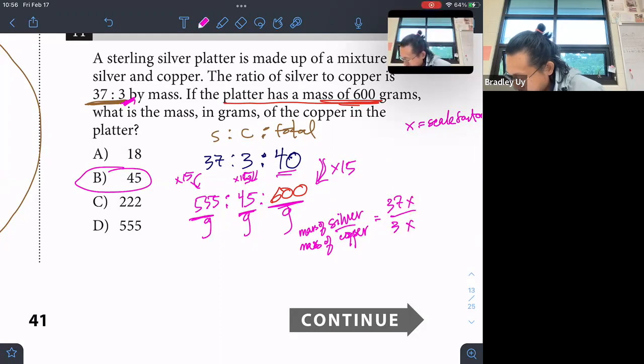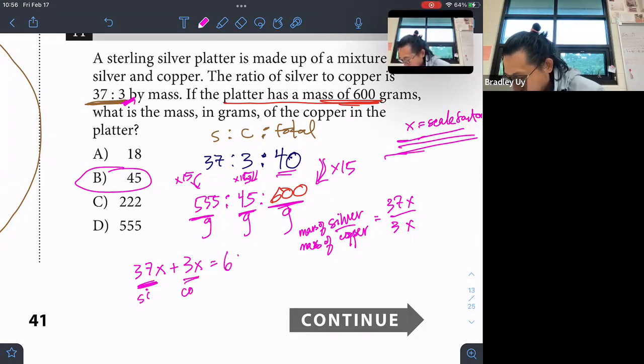So if the mass of silver is 37X, which it could be, and the mass of copper is 3X, we're just solving for X, which is the scale factor here, okay? And that total, this is the mass of silver, this is the mass of copper, and it's going to equal 600. So this is 40X, notice a very similar method. 40X equals 600. You will solve for X, which is 15.